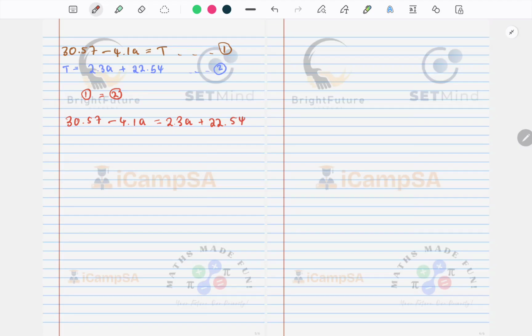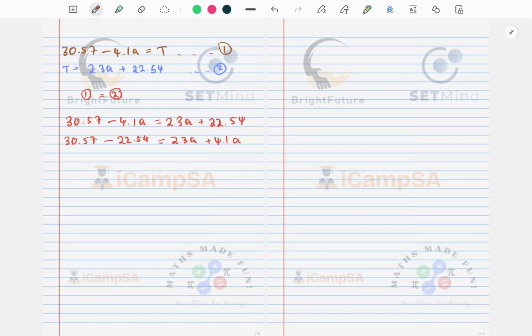Then we can transpose to group the like terms: minus 22.54 when brought to the left, and 4.1a to the right side. So now we've got something like this.